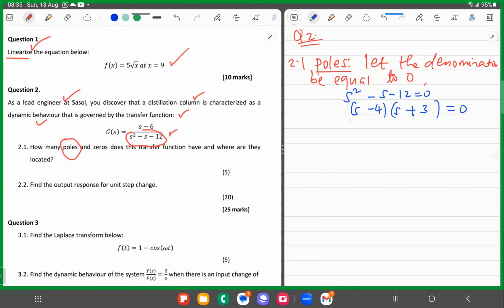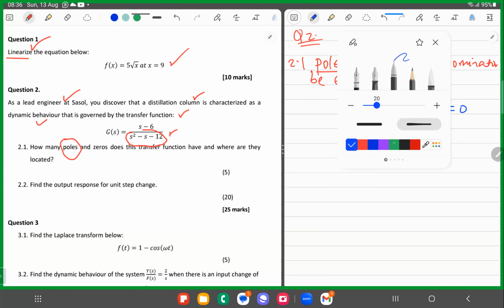We have, therefore, that s equals 4 or s equals minus 3. And now, these are the poles. So the conclusion becomes simple.